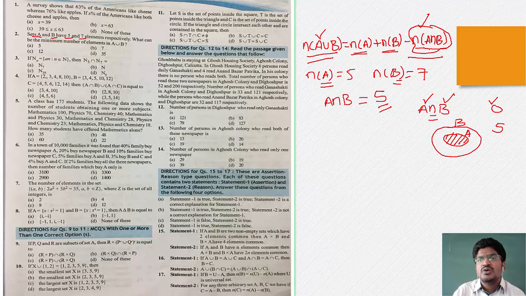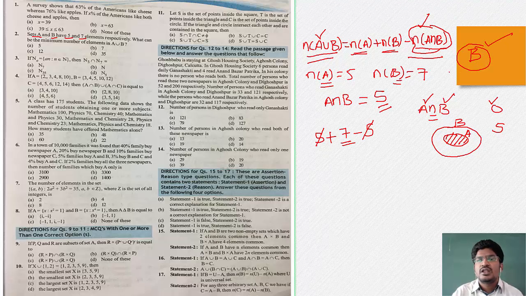That means what do you have to subtract? 5 you have to subtract. So n of A is 5 plus n of B is 7 minus 5. So minus 5 plus 5 will be cancelled, and your answer will be 7. So option B is going to be the correct answer. Clear?